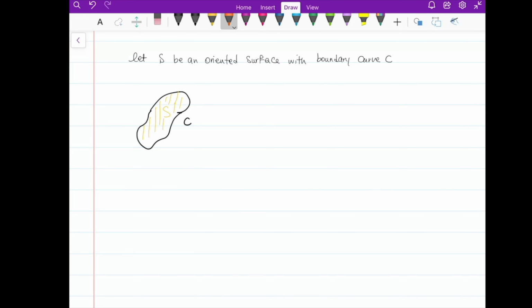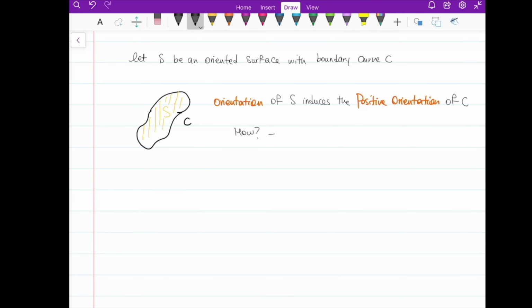Okay, the orientation of S induces a positive orientation on C. So how do we do that?